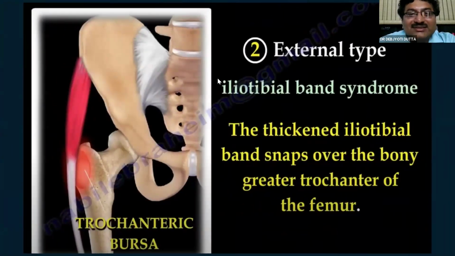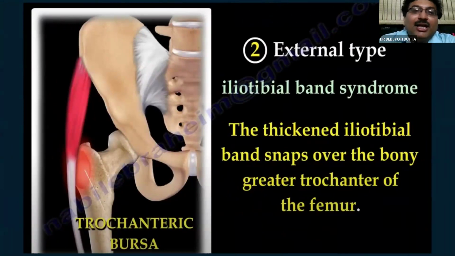In the external snapping hip syndrome, sometimes it is called the upper iliotibial band syndrome, where the iliotibial band, typically in the lower iliotibial band syndrome, I have told you, it is the iliotibial band having friction over the lateral femoral condyle.